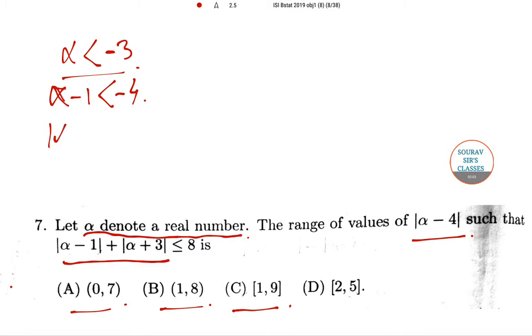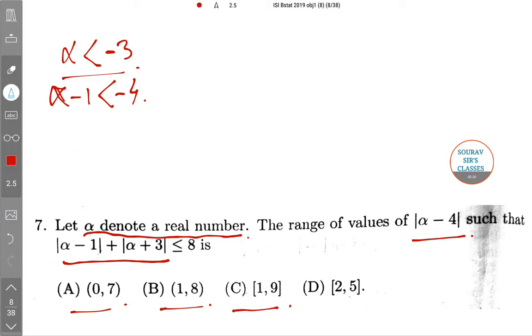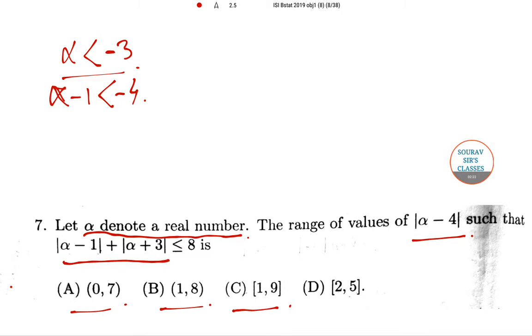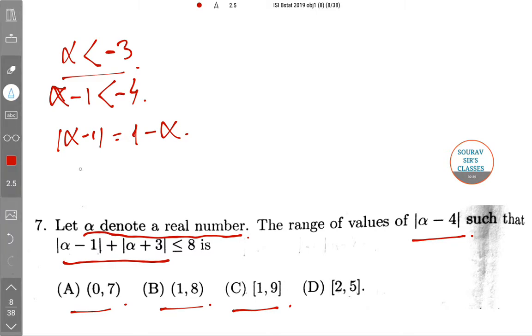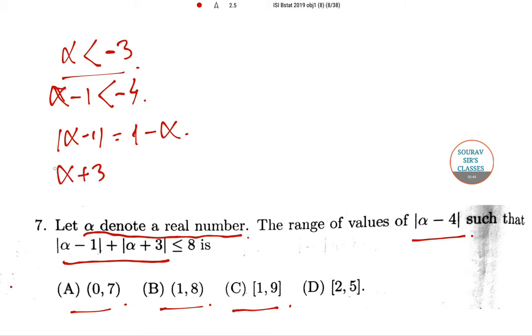So alpha minus 1 is negative, so mod alpha minus 1 is 1 minus alpha, and alpha plus 3 is also negative, so mod alpha plus 3 is equal to minus alpha minus 3.